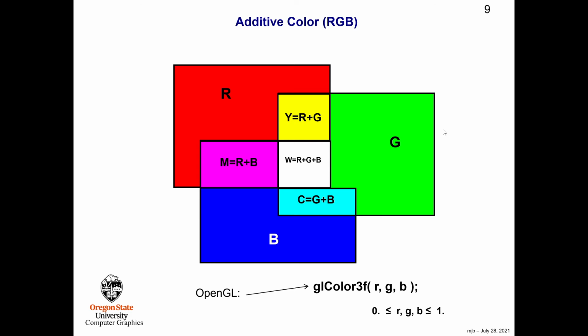But if you excite green and blue, your eye's going to mush that together into cyan. Red and blue, magenta, red and green, yellow, and all three you're going to get a monochromatic color: black, gray, white. Okay, so this is really what Color3f is up to.